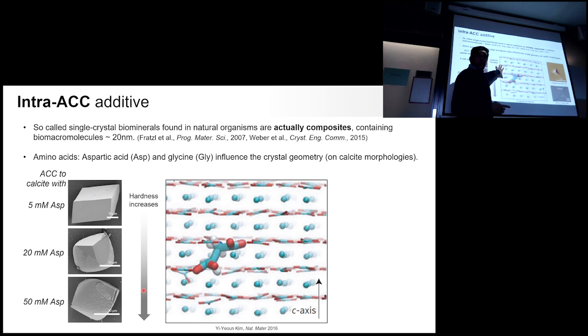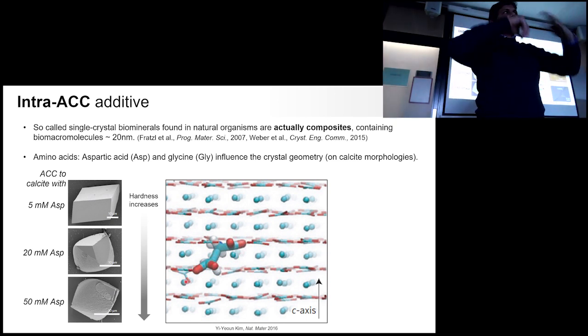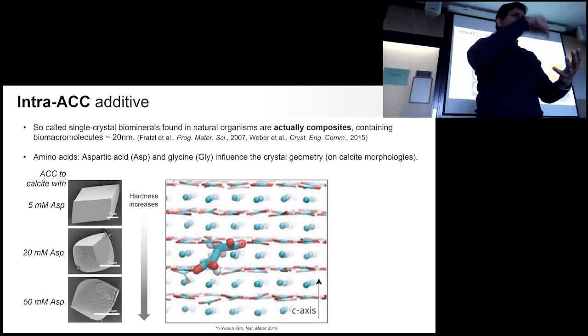So what's happening here is, this is the calcite rhombohedra structure, and when you have these additives incorporated between the lattice, they sit between the lattice, they get inside the lattice, and they constrain the lattice.